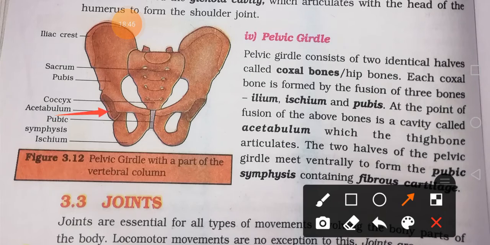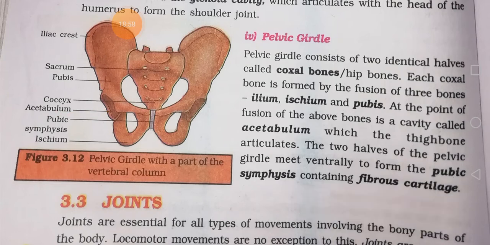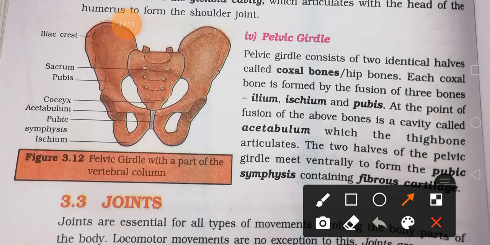The longest femur bone, the thigh bone, is located into the acetabulum and articulates there. The two halves of the pelvic girdle meet ventrally to form the pubic symphysis containing fibrous cartilage. So this is only one portion.